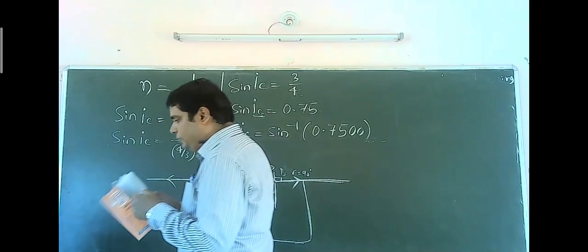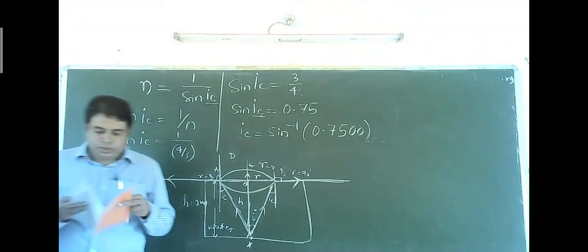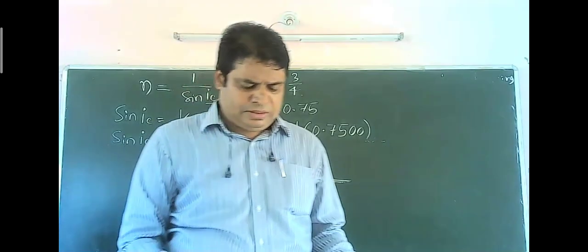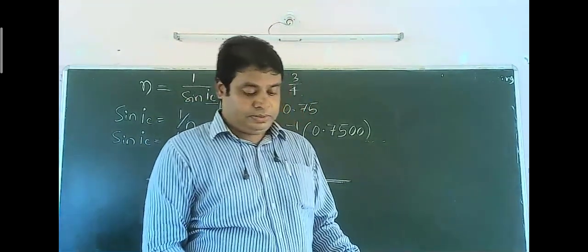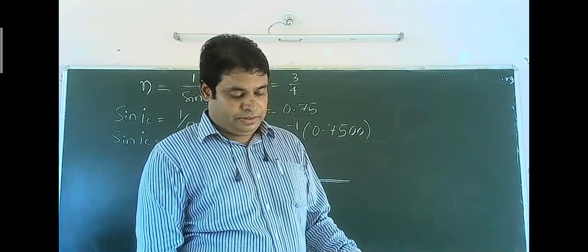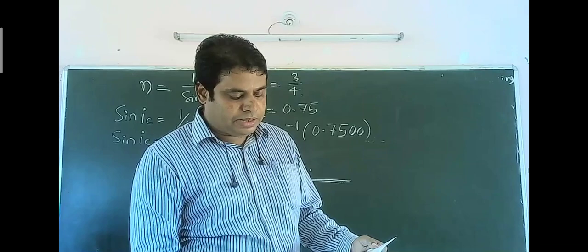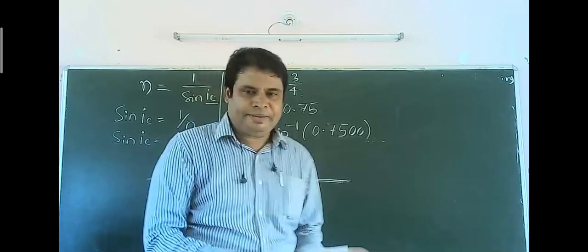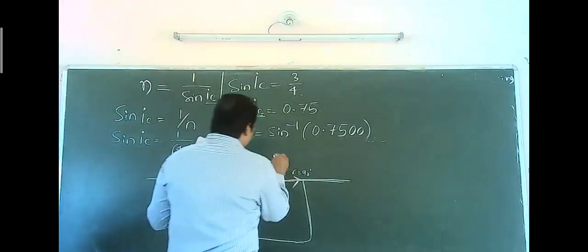Natural sine 0.7500. Where is 7500? I have 7501, so 48 degrees. Just try it at home, it's very easy to see.